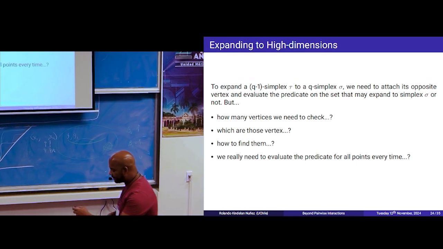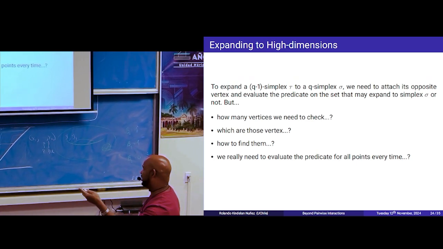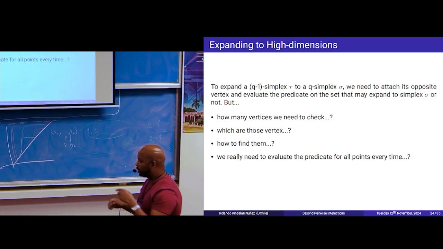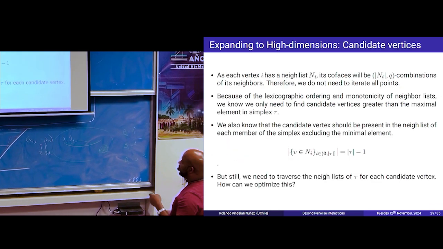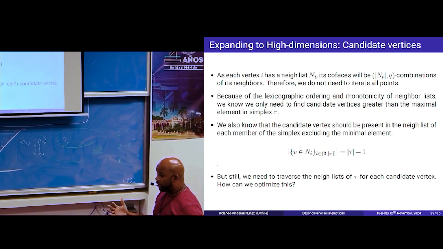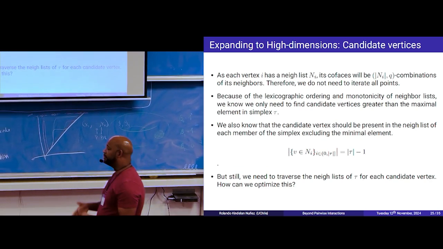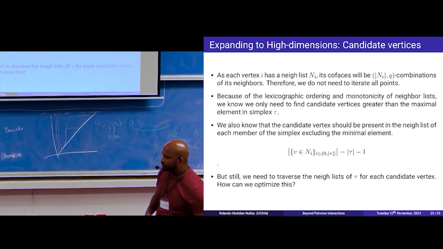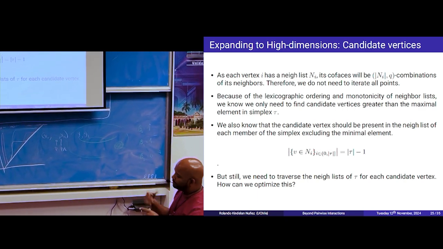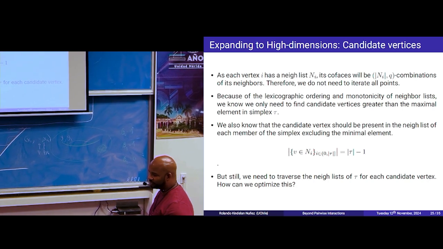Basically, the answer to those questions is in the lemma that we saw before, because we know that each vertex has a neighbor list, so the only cofaces that vertex will have will be combinations of its neighbors.